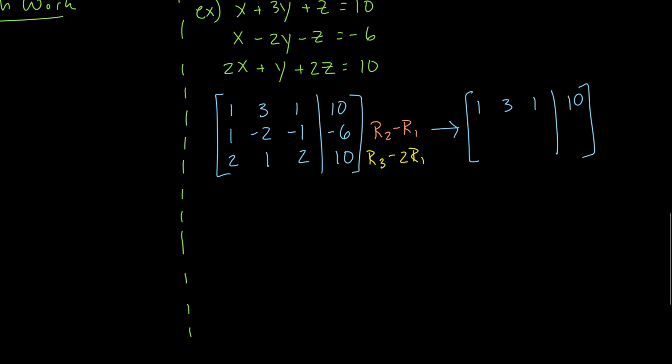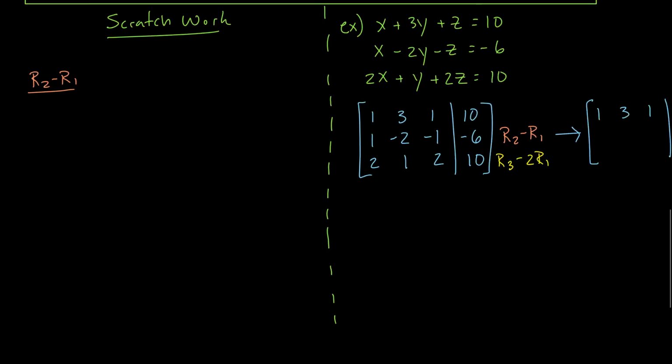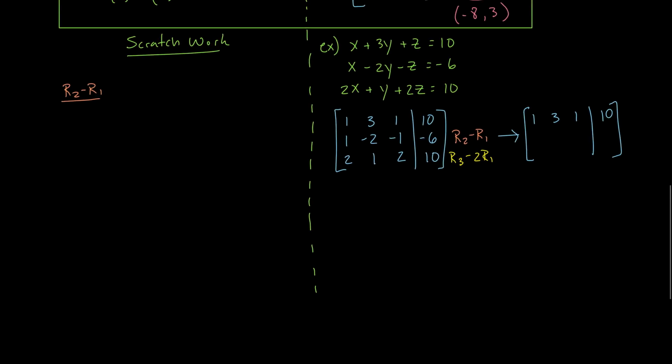So, row 2 minus row 1. What is the x value of row 2? 1. And what is the x value of row 1? 1. What's 1 minus 1? 0. So that first value is 0. What we wanted. Good. We did it right. What is the y value of row 2? Negative 2 minus the y value of row 1? What is negative 2 minus 3?